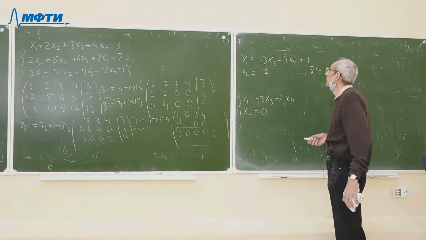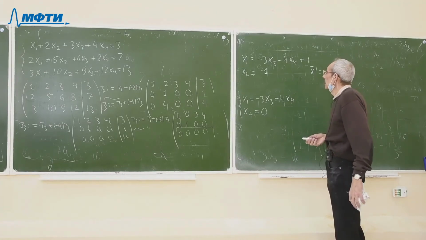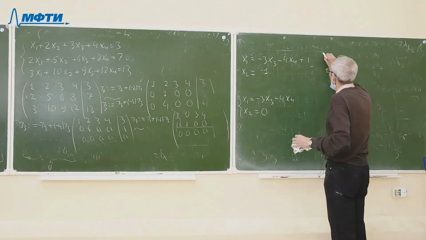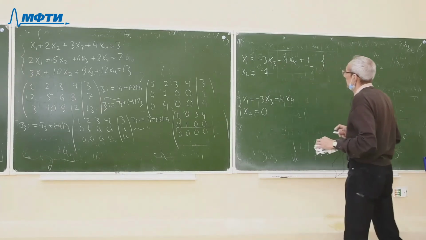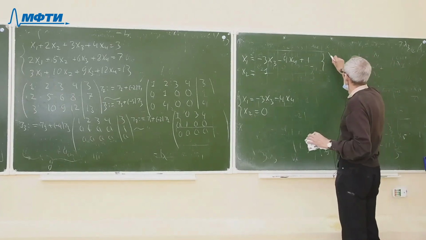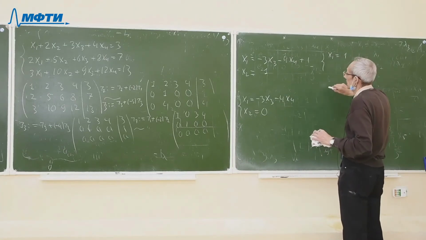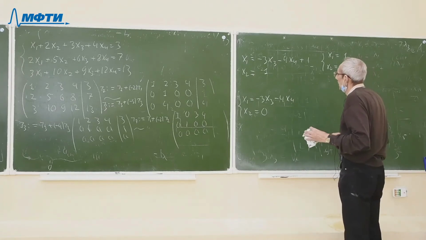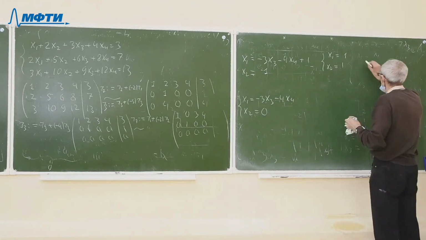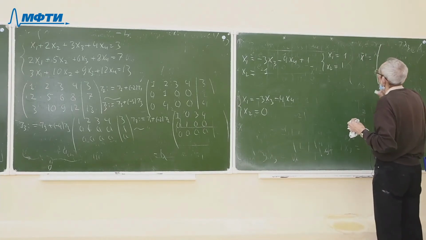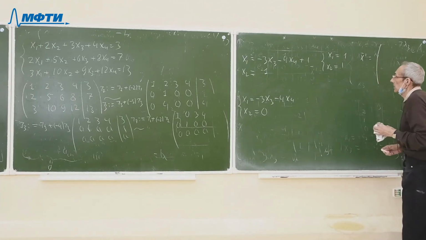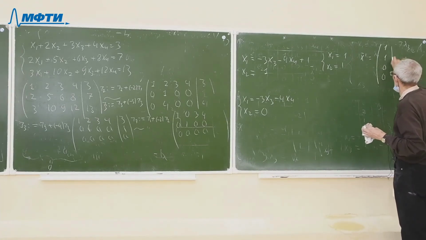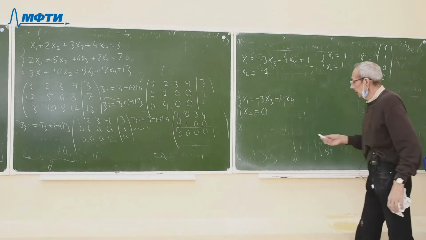For example, we can put the values of these variables equal 0, and in this case, if we put x3 and x4 equal 0, we obtain x1 equal 1, x2 equal 1, and the partial solution of the non-homogeneous linear system is equal 1, 1, 0, 0.